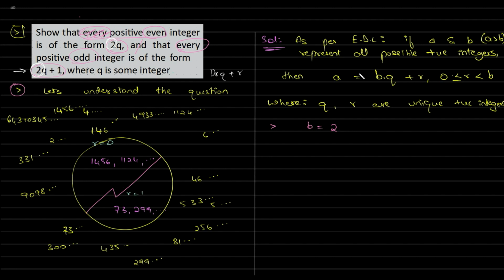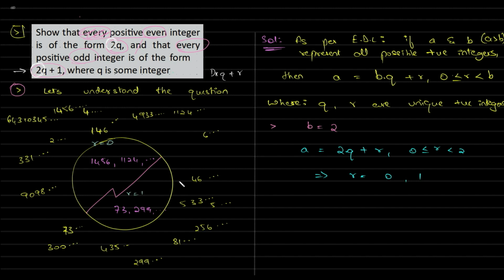Yes, you're right. So I'm going to write a as 2 into q plus r, where the remainder is between 0 and 2, not including 2. This implies remainder is either 0 or 1. Is it not?